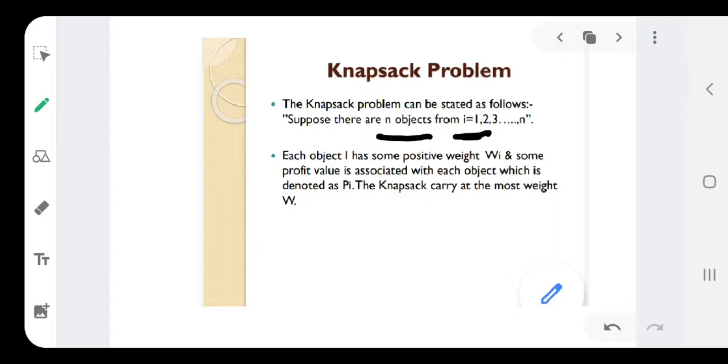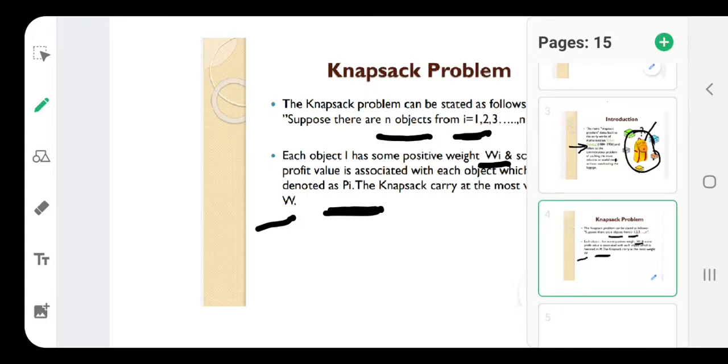Each object has some positive weight, which we represent with Wi, and a profit value, which we represent with the symbol Pi. The knapsack can carry at most weight W.